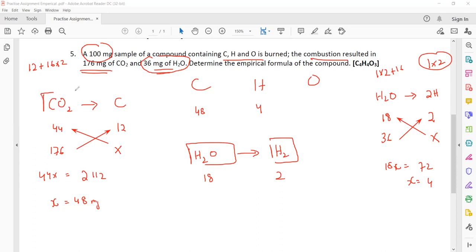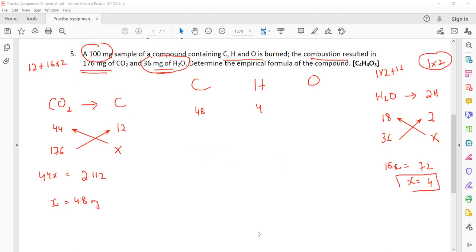But for carbon dioxide, one molecule only contains one carbon atom. So 18 is to 2 is the ratio. So 36 milligrams will have X. When we cross multiply, what do we get? We'll get 4.